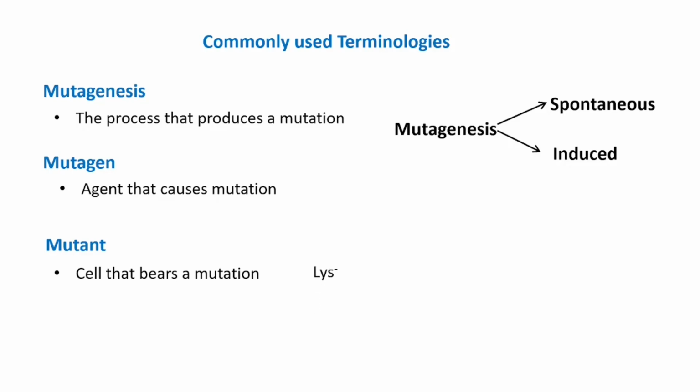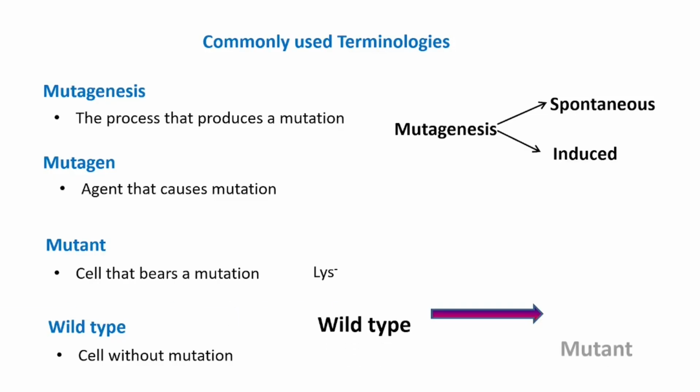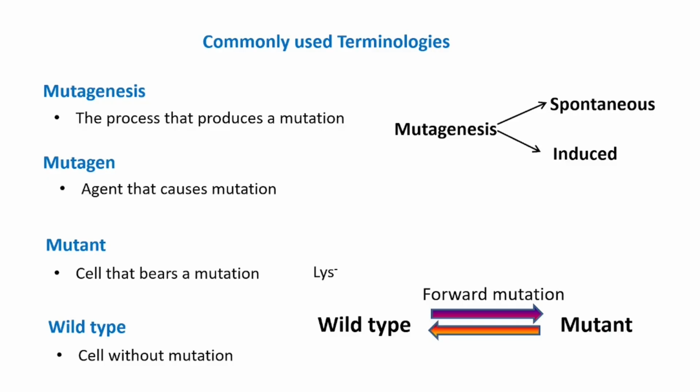In contrast, a cell without any mutation is called wild type. A mutation which converts a wild type into a mutant is called forward mutation, whereas a mutation which converts a mutant back to the wild type is called reversion or back mutation.